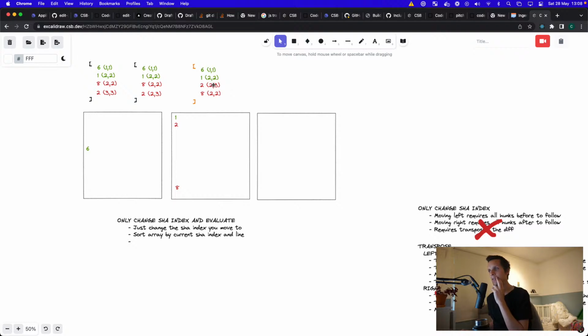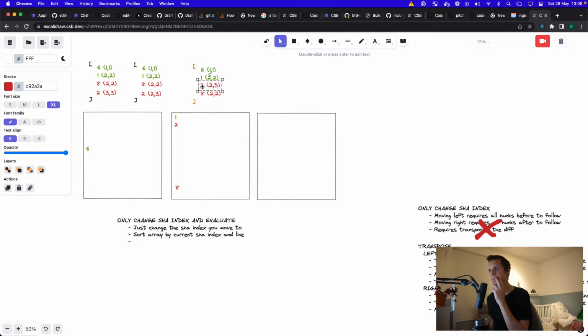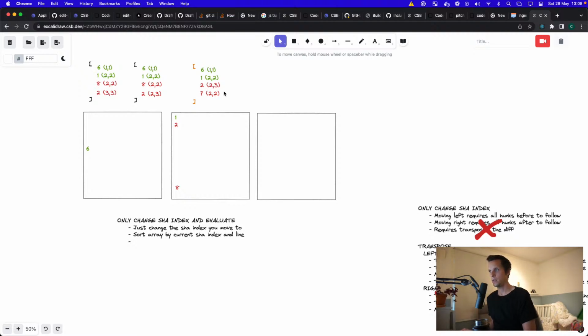So we're basically saying, since the SHA is different, the origin is different, that means anything coming after this needs to be transposed. So now this will just become 7. And that's fine.